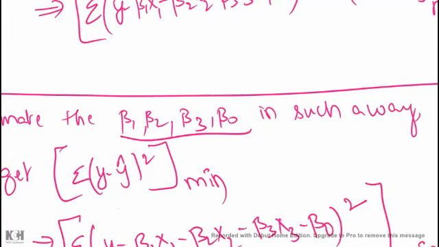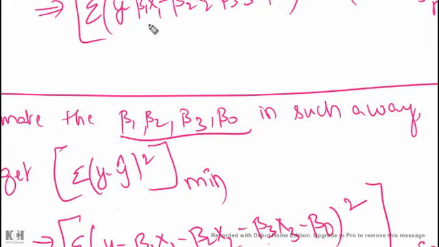So we apply linear regression. The linear regression concept is to identify beta 1, beta 2, beta 3, and beta naught in such a way that this entire expression is minimum. Substitute whatever values you want, but finally the ultimate goal is that this should be minimum.